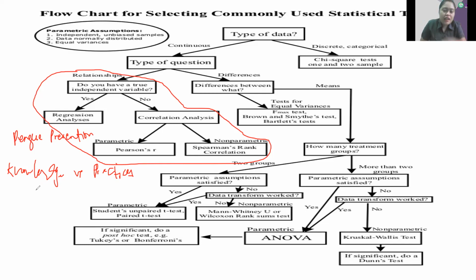So kapag nagtetest ka kasi ng relationship ng knowledge and practices, siyempre gagawa tayo ng questionnaire. Ang ibig sabihin kasi niyan is kung mataas ba yung knowledge nila about sa dengue prevention, mataas din ba yung pag-practice nila or mababa. So yan yung ibig sabihin ng testing the relationship.